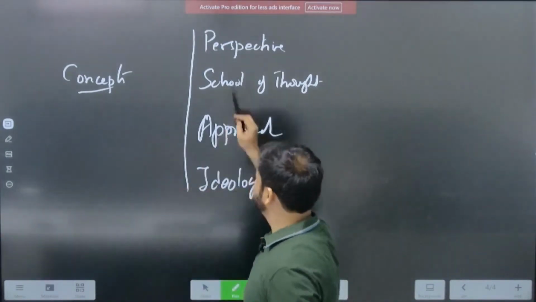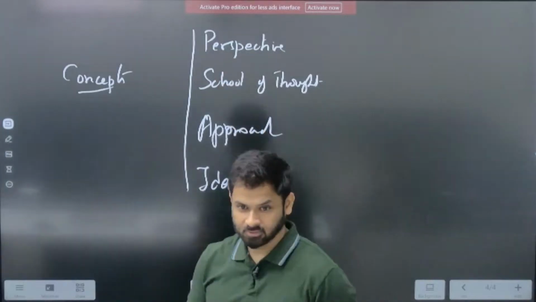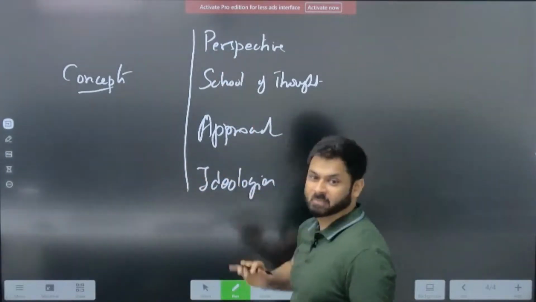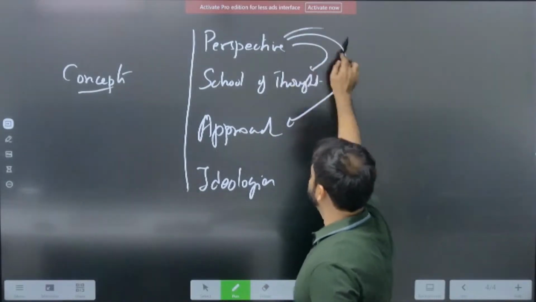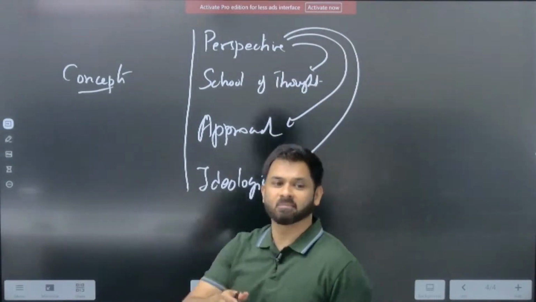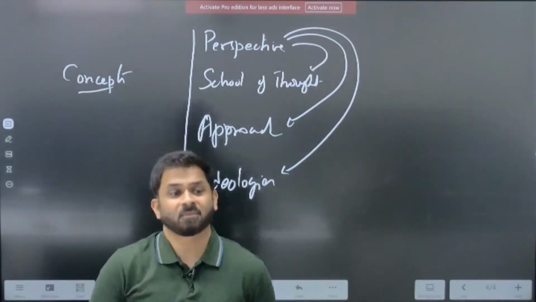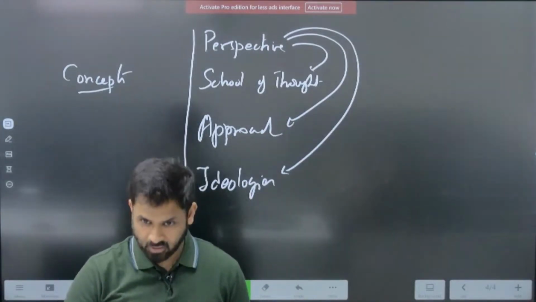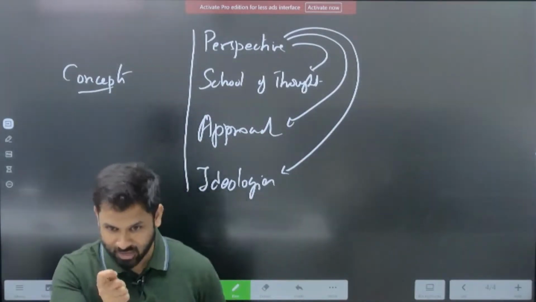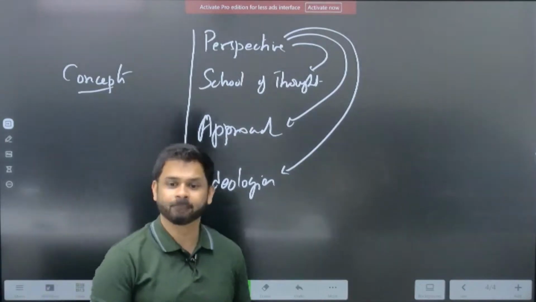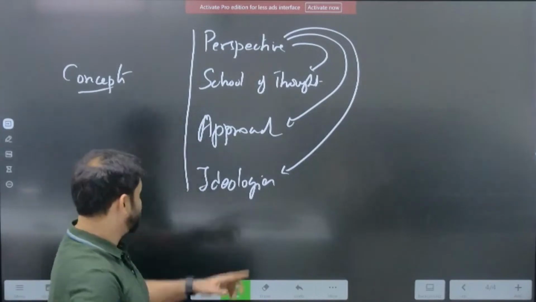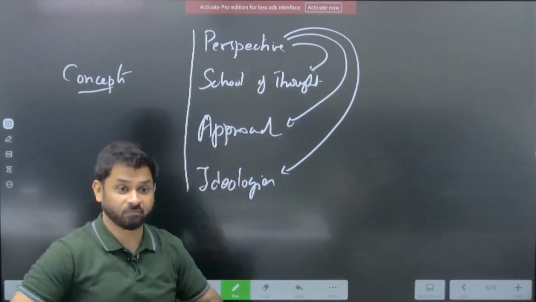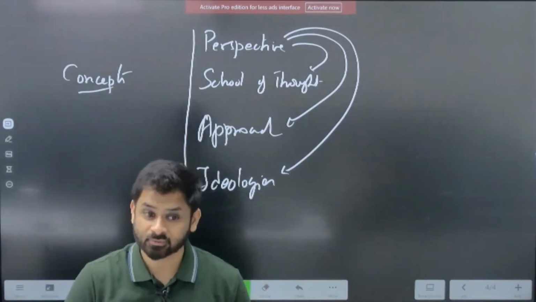Perspective and ideology. Perspective is a very general term. These themselves can be perspectives. It is the way of looking at something, your perception. And it depends upon what lens you are carrying through which you are looking at things, isn't it? What is your ideological lens? What is the approach lens you have? Is it a scientific approach or a philosophical approach?